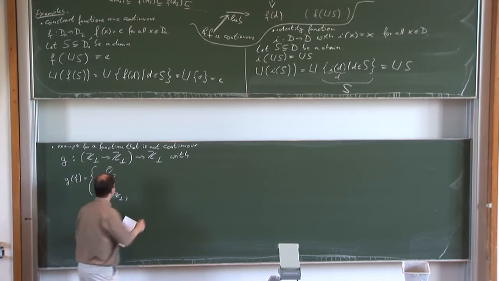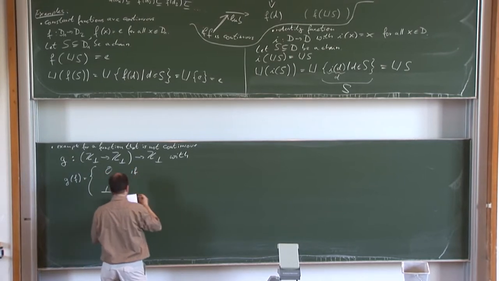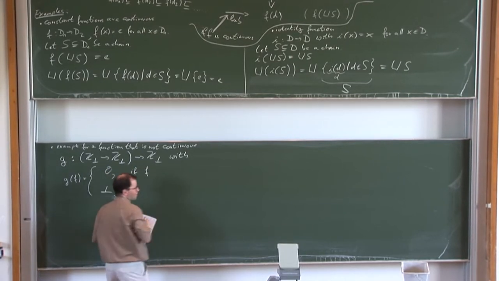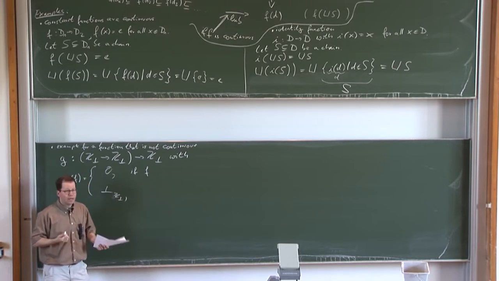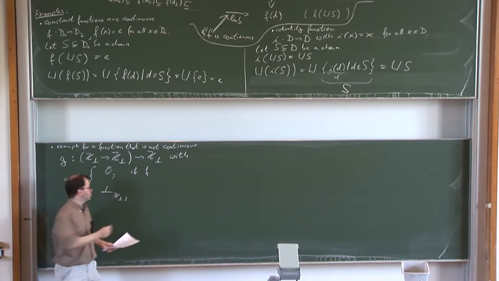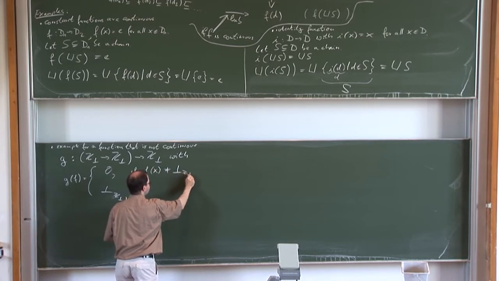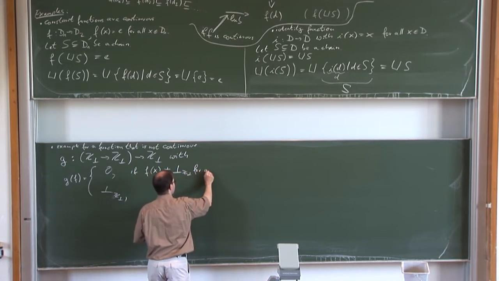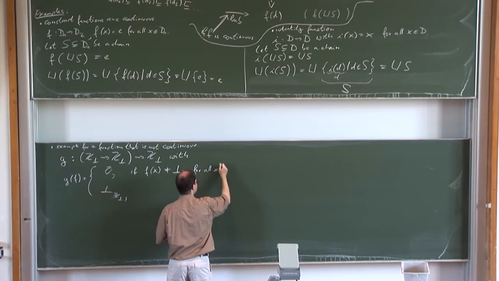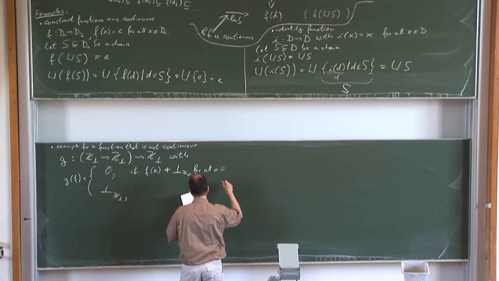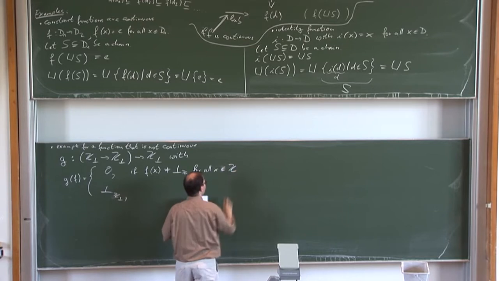So total means f never returns bottom unless you apply it to bottom itself. So f of x is always defined. It's never bottom for all x, for all integers.